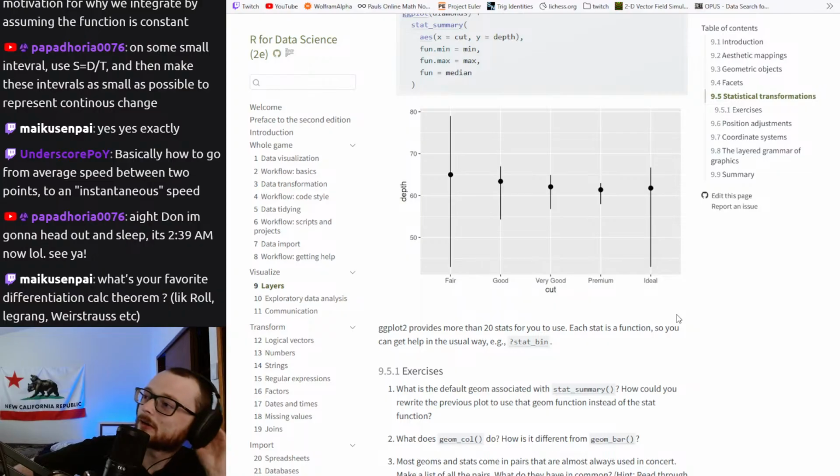What will be my favorite one? My mind is going to intermediate value theorem.